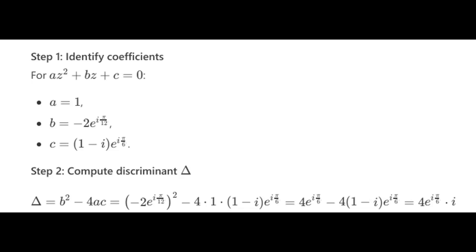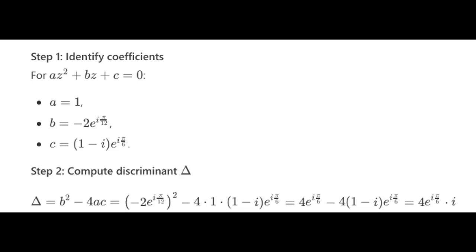Factor out 4 times e to the i pi over 6. Delta equals 4 times e to the i pi over 6 times (1 minus (1 minus i)). Inside the brackets, 1 minus (1 minus i) equals i. So, delta equals 4 times i times e to the i pi over 6.